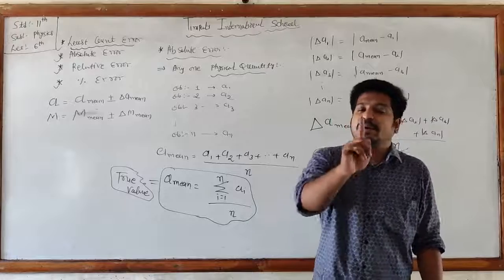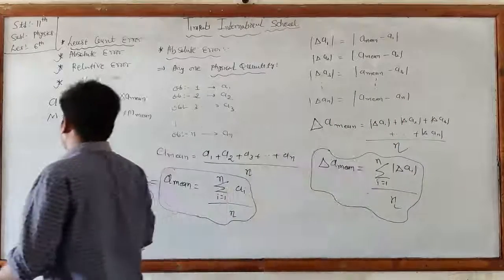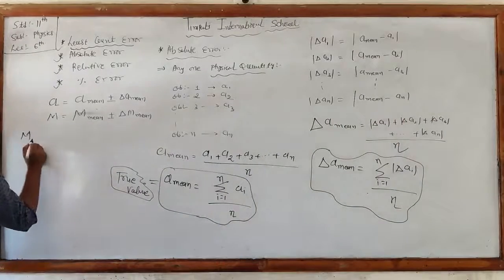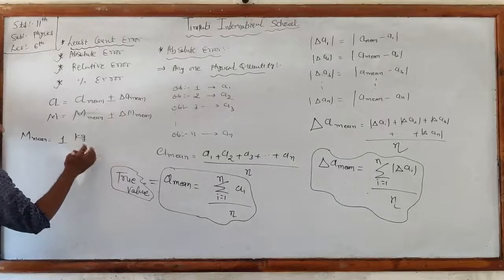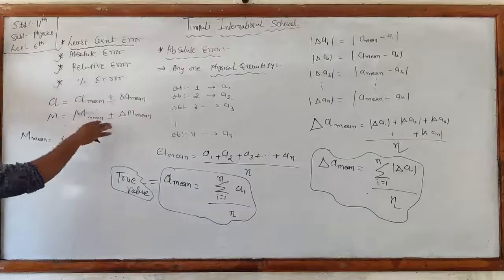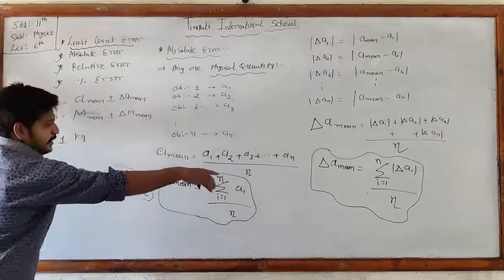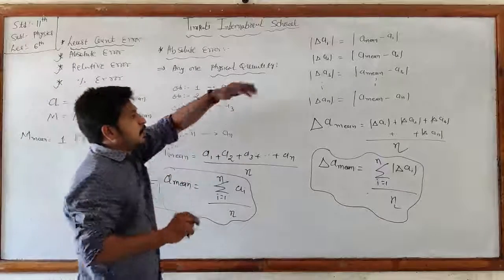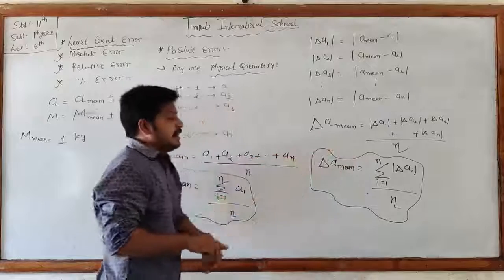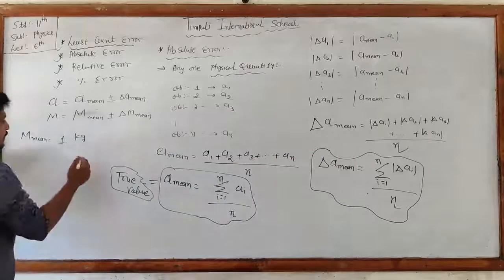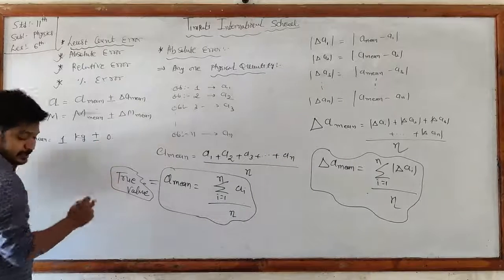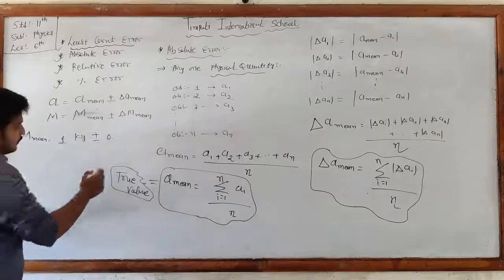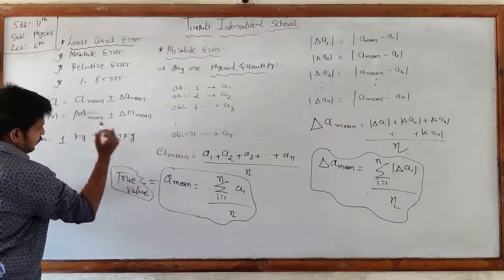What am I getting? Only 1 kg. So m mean is equal to 1 kg, and when I find delta m mean, suppose I get 200 gram or 0.2 kg.